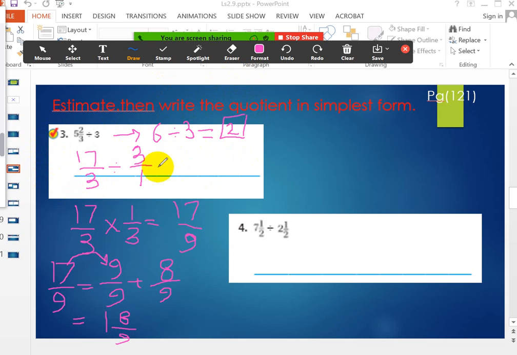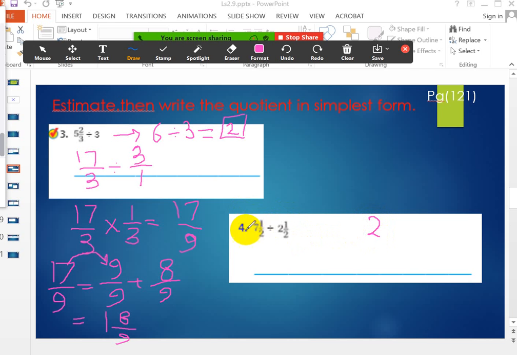So, girls, also here I will use compatible numbers to estimate the answer. I will choose the closest number to 7 and 1 over 2 divided by 2 and 1 over 2. What is the closest number for those numbers able to divide by each other? Look, the divisor is 2, so I will round the divisor to 2.